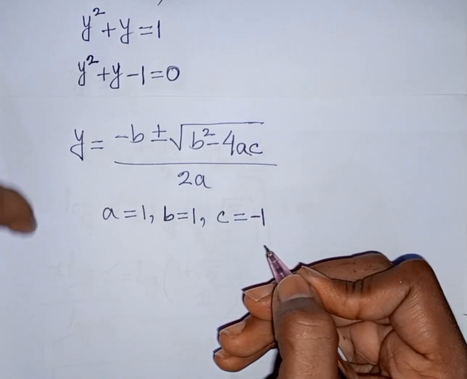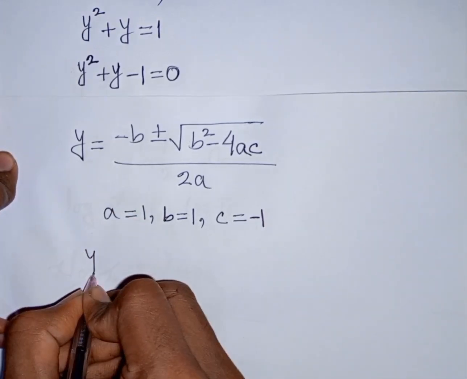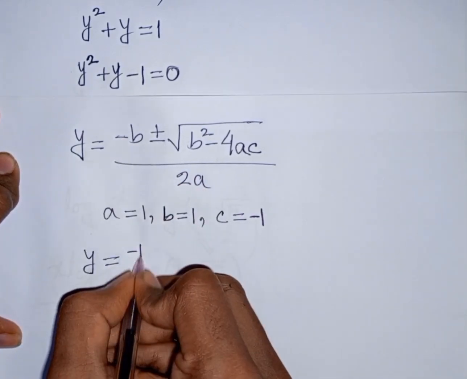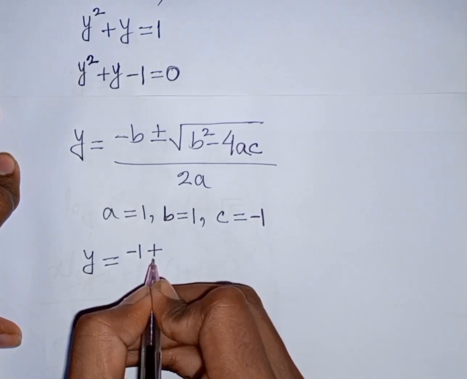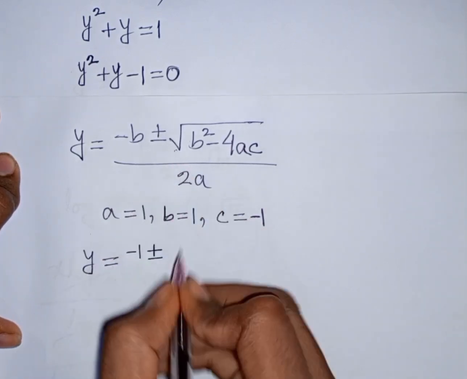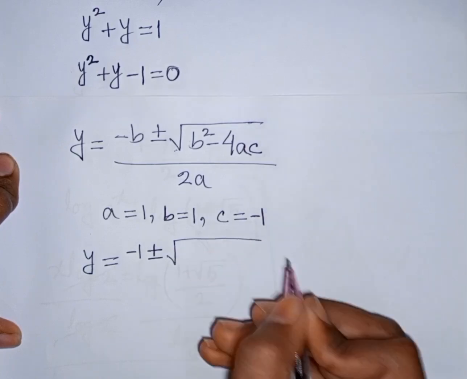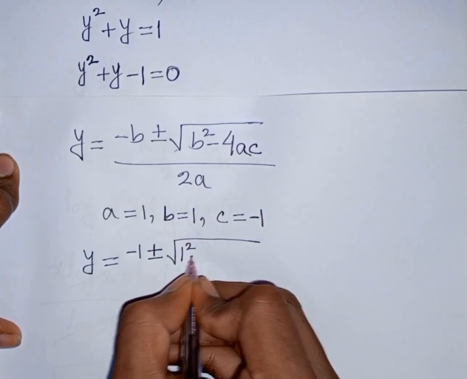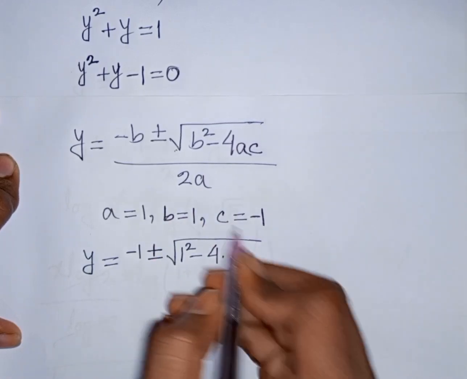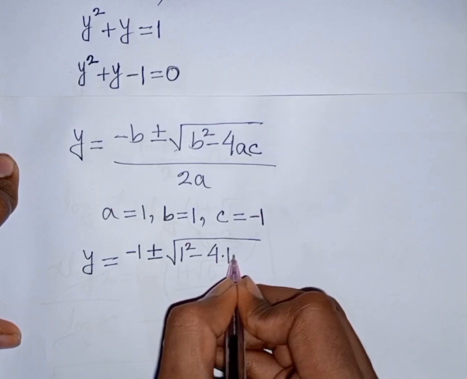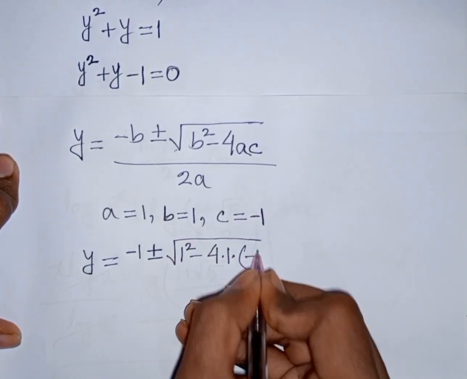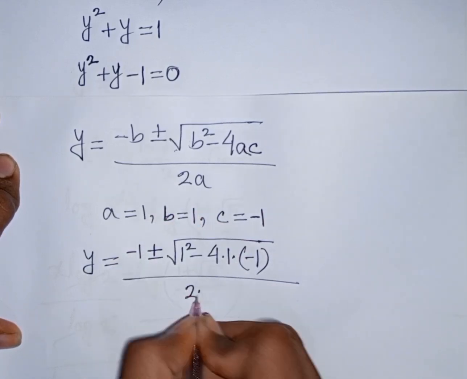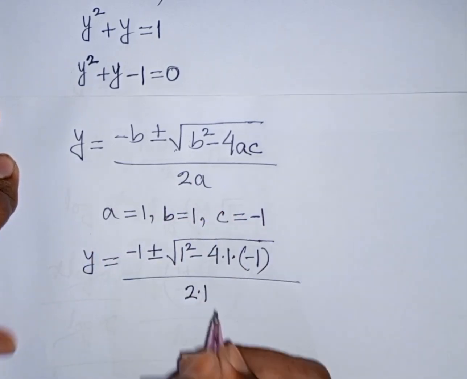Now I can write here y will be equal to minus b, that means minus 1, then plus or minus a square root of b square, that means 1 square, minus 4 times a, that means 1, times c, that means negative 1, then divided by 2 times a, that means 1.